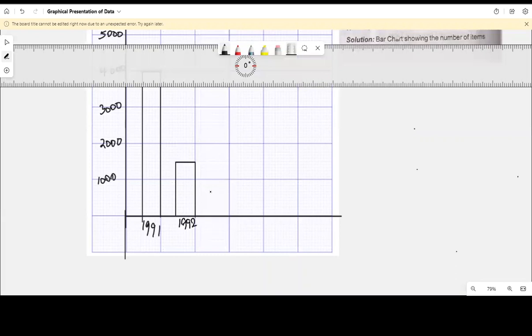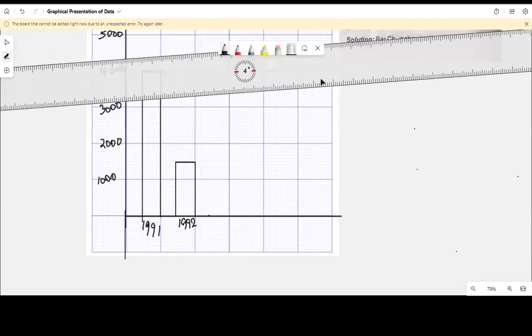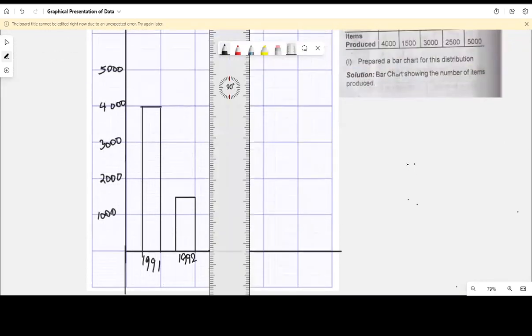Okay, for the next bar, we count how many boxes we leave: 1, 2, 3, 4, 5. So the gap between them must be equal: 1, 2, 3, 4, 5. So the next one is going to start here. Let me put a mark there. What is the data?